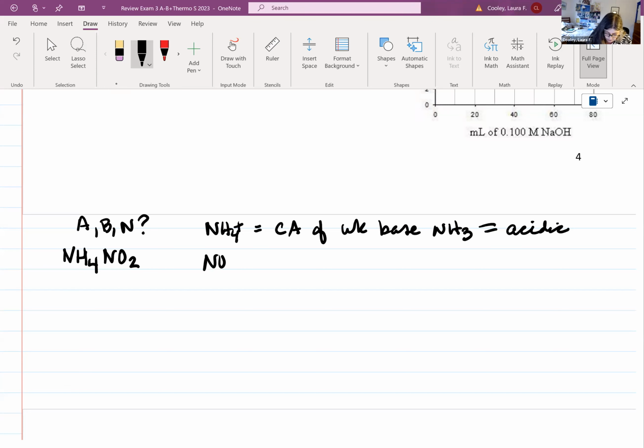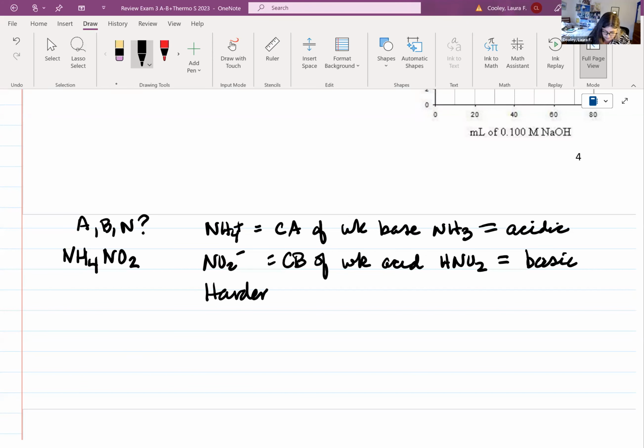And NO2 minus is the conjugate base of the weak acid HNO2. So it's basic. And we didn't really talk about how you would figure out if this is acidic or basic when you have one ion that's acidic and one ion that's basic. So it's harder to determine. We didn't go over that this year. I've done that in other years, but not this year in this class.